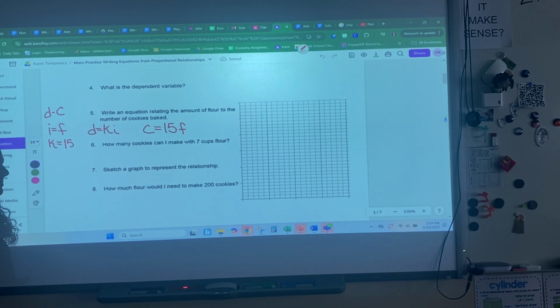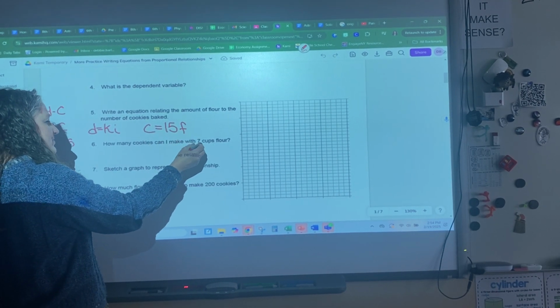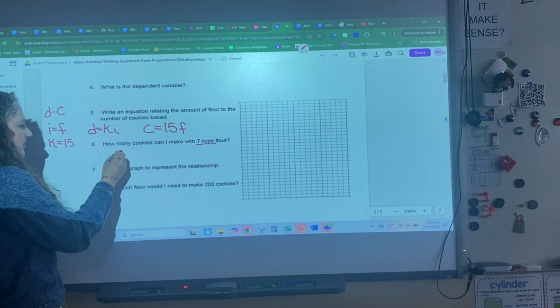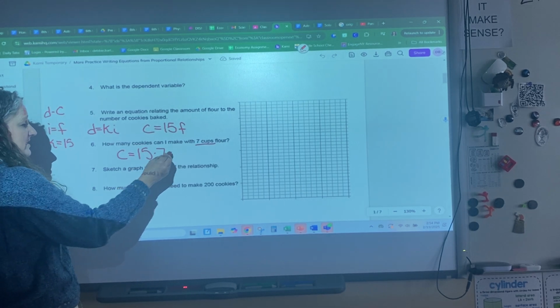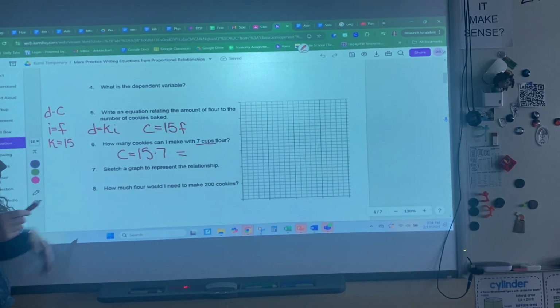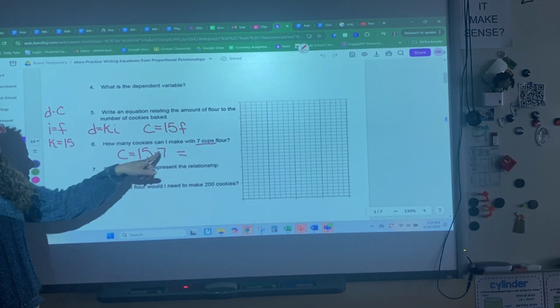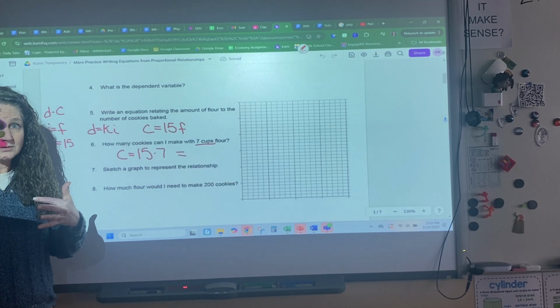Okay, guys. If I have 7 cups of flour, can I figure out how many cookies I can make? Number of cookies is 15 times 7. I can't do 15 times 7 super easy in my head, but I can do 5 times 7 is 35, and 10 times 7 is 70. What's 70 plus 35? 105.